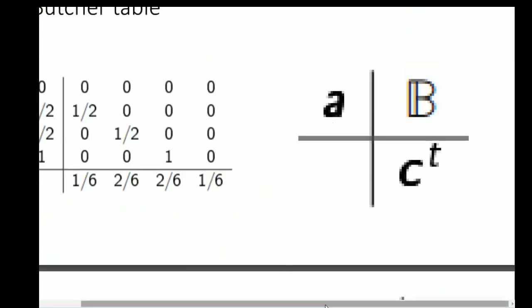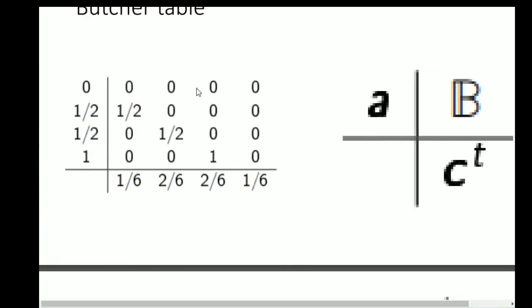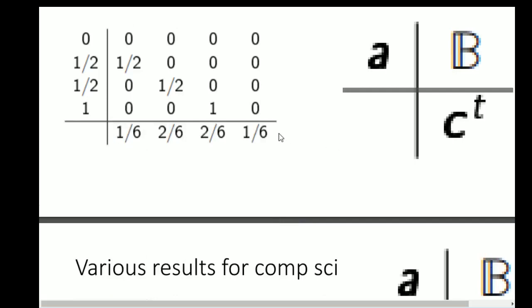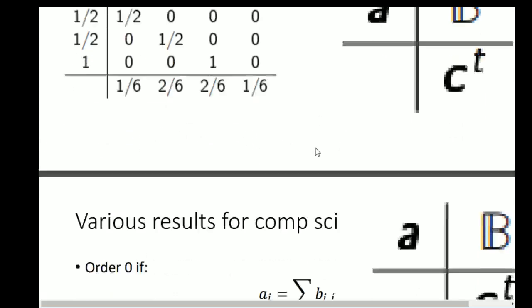So here we get 0 plus 0 plus 0 plus 0 equals 0, 1 half plus 0 plus 0 plus 0 equals 1 half, 1 half equals 0 plus 0 plus 1 half plus 1 half, 1 half equals 0 plus 1 half plus 0 plus 0, 1 equals 0 plus 0 plus 1 plus 0, so it's order 0 at least. Order 1 if it's order 0, and the sum of bi is equal to 1. So we can quickly verify that the sum of this is equal to 1.